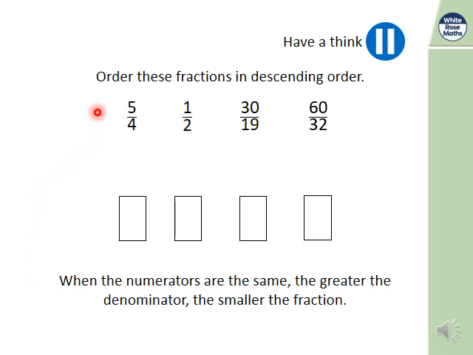So have a think, would you change your numerators or your denominators to the same? And what's a little bit of a trick that's happened with this one, is there any that you actually need to raise by multiplying, or might you do the inverse to change one of them? Have a think. Pause the video and have a go.